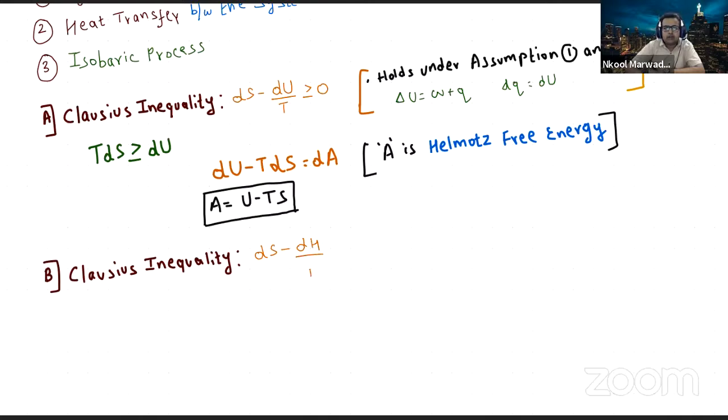And when will the Clausius inequality take this form? Under assumptions 1 and 3. For an isobaric process this inequality will hold, and for an isochoric process the earlier inequality will hold.